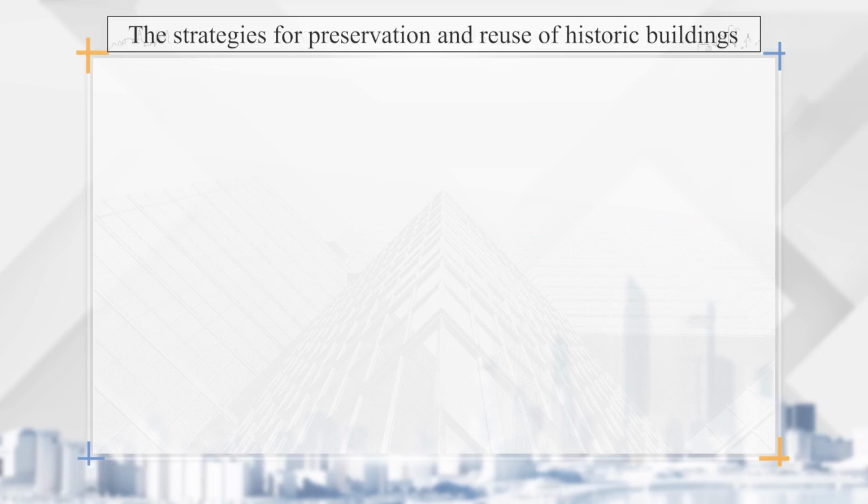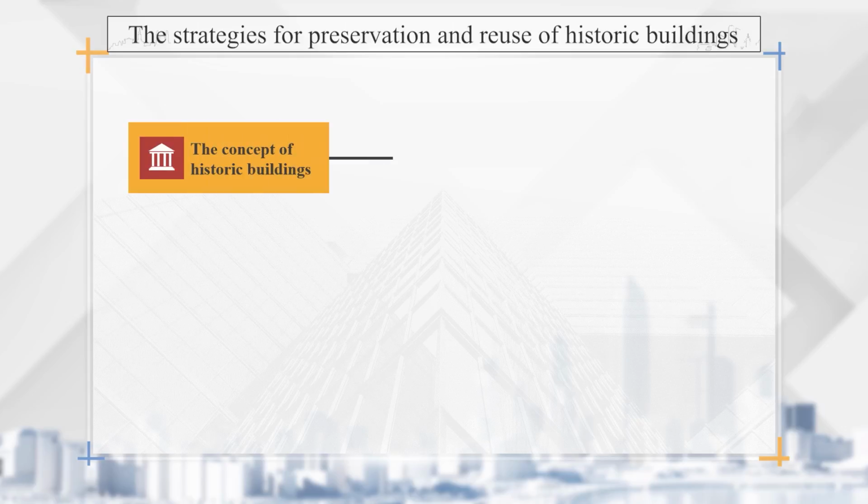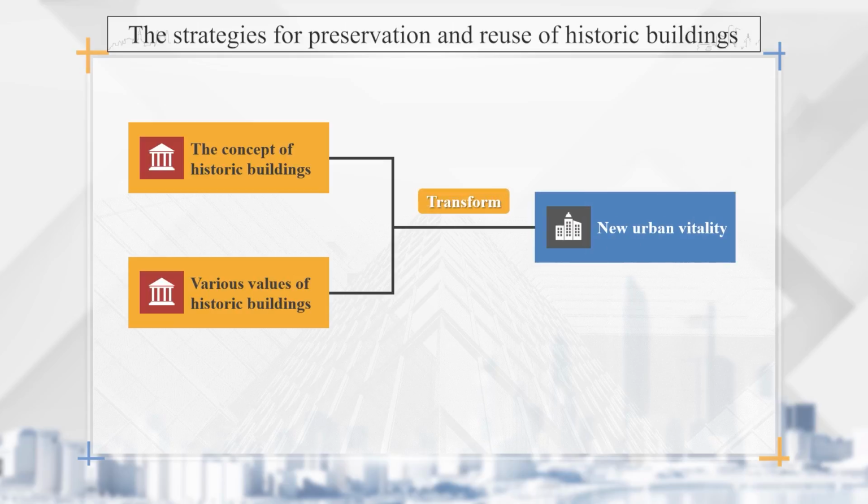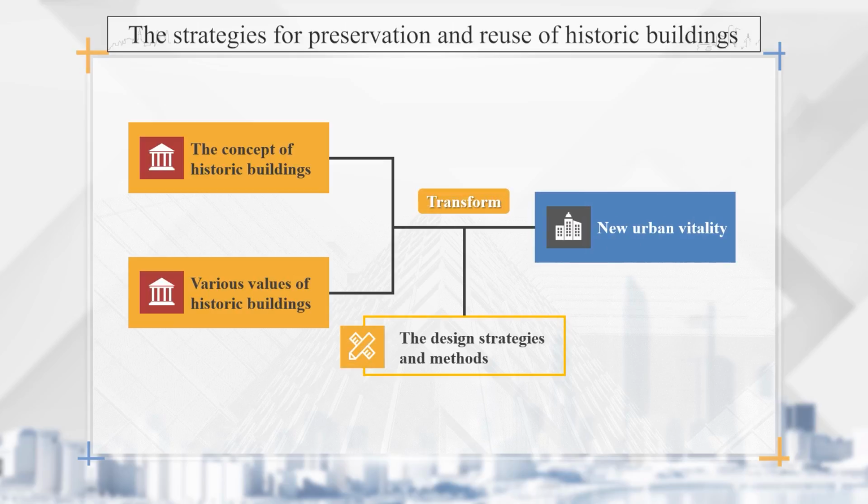So the strategies for preservation and reuse of historical buildings are based on the concept of historical buildings in cities, to find out various values of historical buildings and put forward the design strategies and methods to transform the value potential of these historical buildings into new urban vitality.